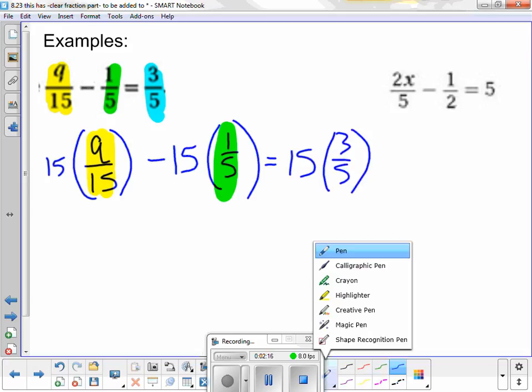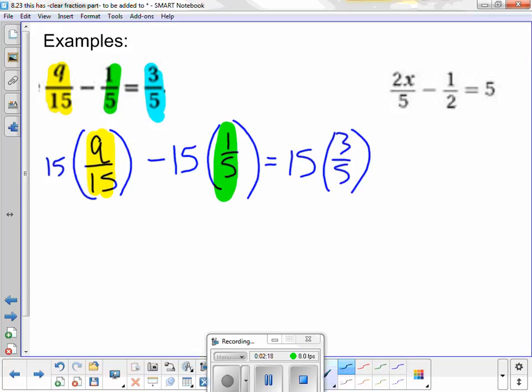So look at this for just a second. Notice that all I did was rewrite the equation, except outside of each of the sections I put 15, and I'm multiplying by that 15.